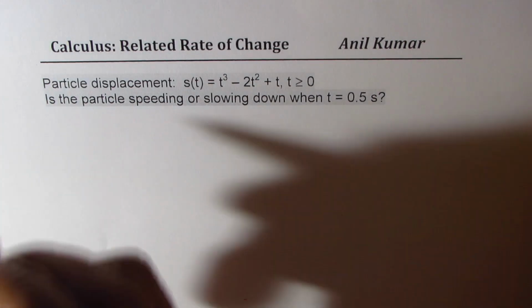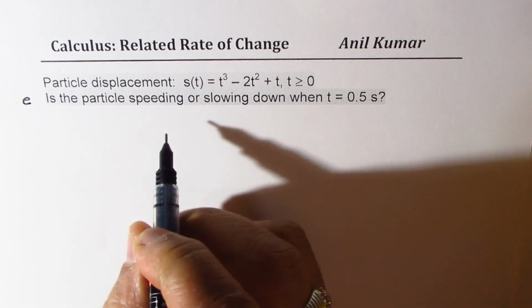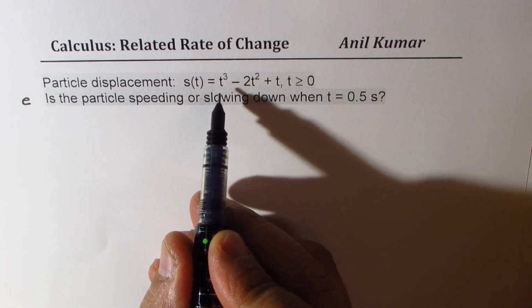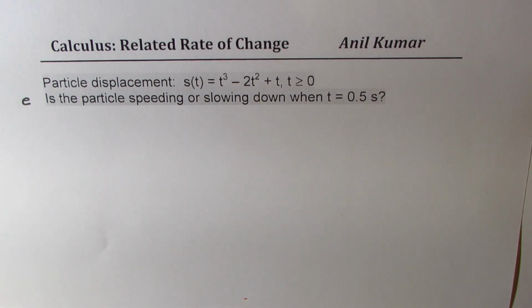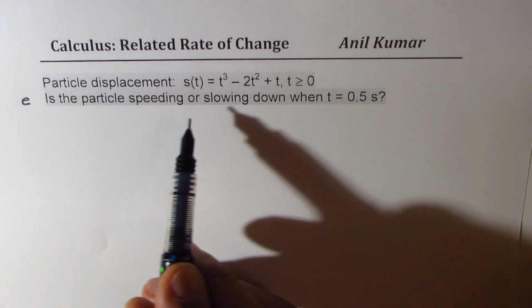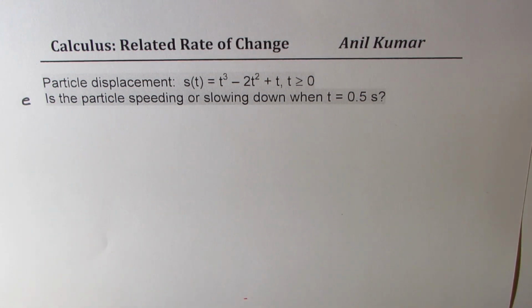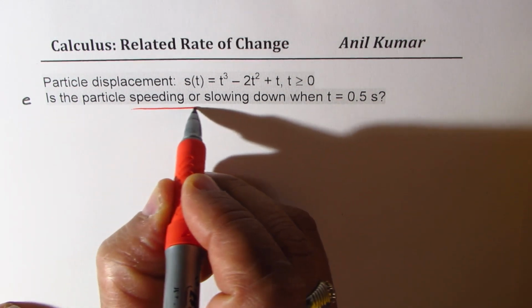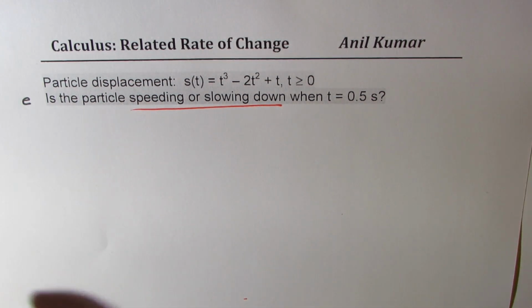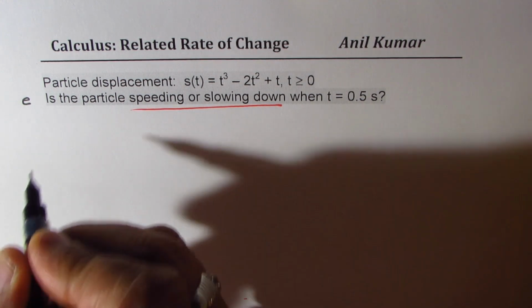Now let's look into part E. For the displacement given as t cube minus 2t square plus t, is the particle speeding up or slowing down? So this time we'll look into the concept of speeding up or slowing down when t equals 0.5 seconds. Let's rewrite our equation.